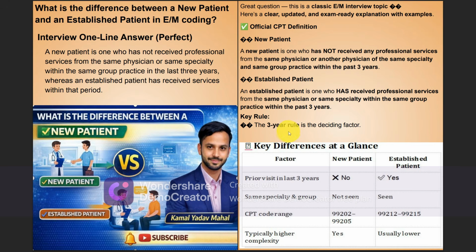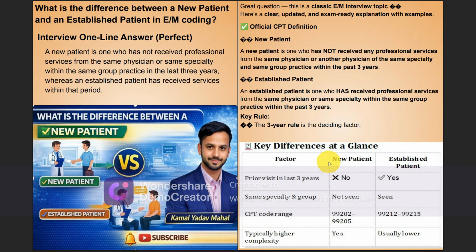Key rule: the 3-year rule is the deciding factor. If a patient has a gap of more than 3 years between the first visit and the last visit, then we can code new. If the patient comes within 3 years, we consider them an established patient.